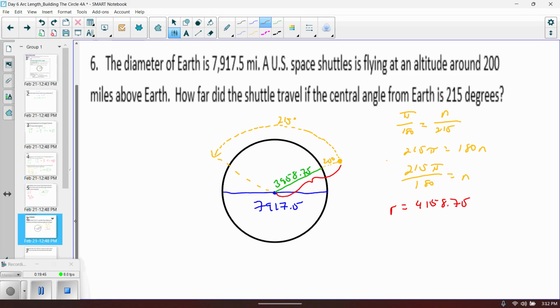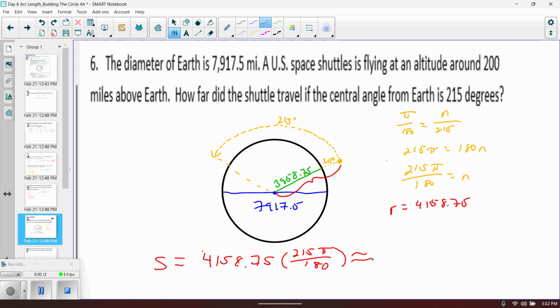So if we now want to find out how far the shuttle actually traveled around the outside of the Earth at an altitude of 200 miles above the Earth, that would be S equals 4,158.75 times our central angle of 215 pi over 180.